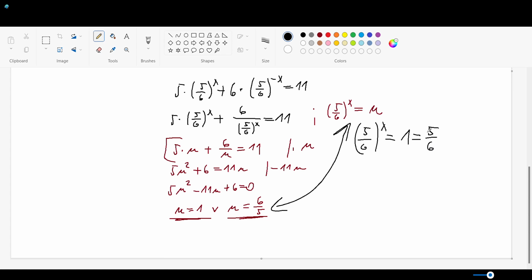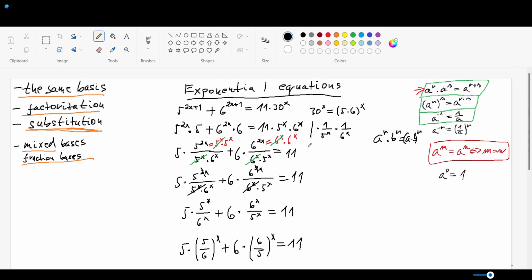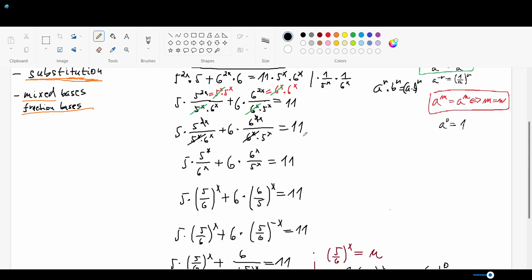And this is quite easy, because 1 is the same as (5 over 6) to the power of 0, because any number to the power of 0 is equal to 1, which means x must be equal to 0. So this is our first solution of the given exponential equation.